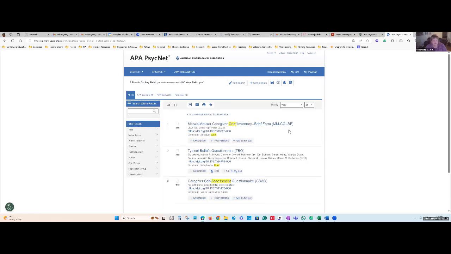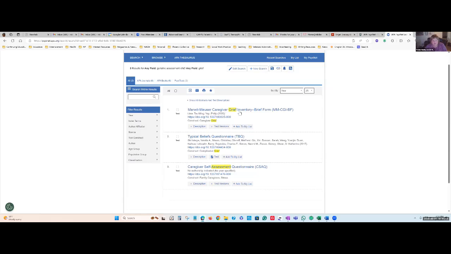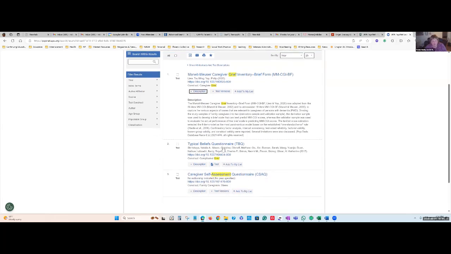And so you can see we have come up with 3 psych tests: a caregiver grief inventory, a typical beliefs questionnaire, and a caregiver self-assessment questionnaire. You can go through and see the different test versions. You can look at the description, which is just like looking at an abstract, but that's really helpful.